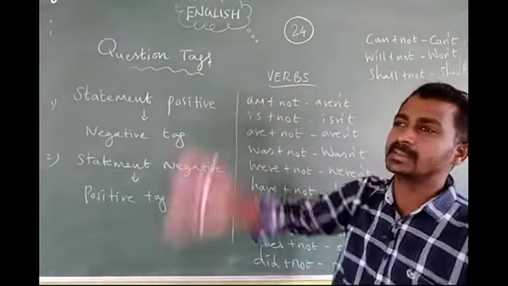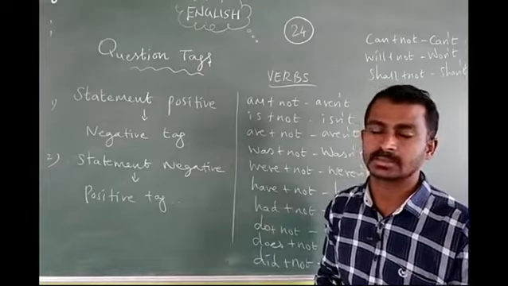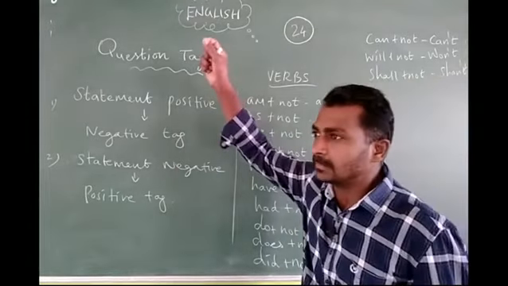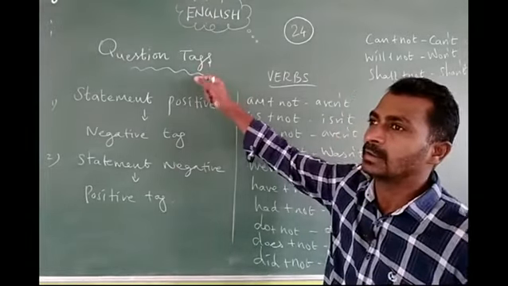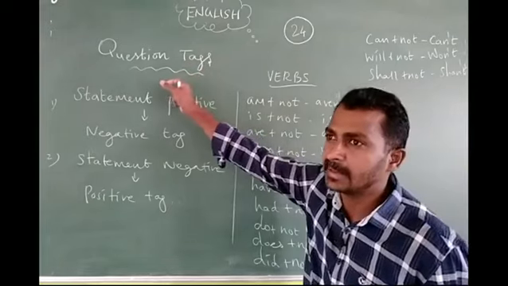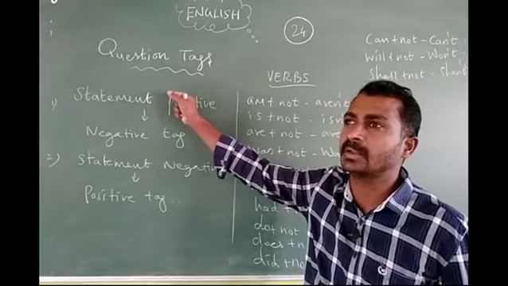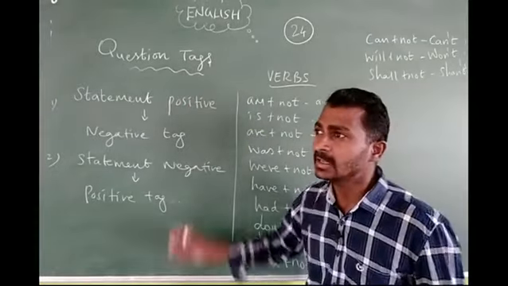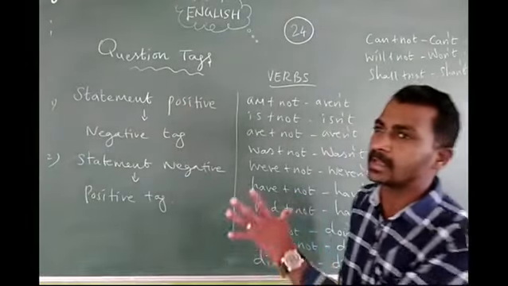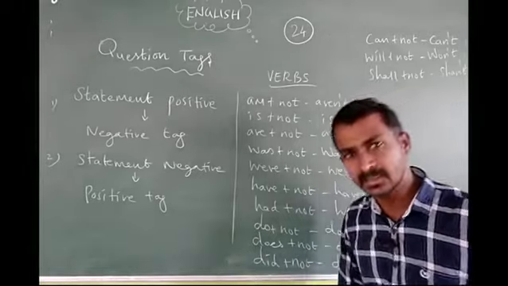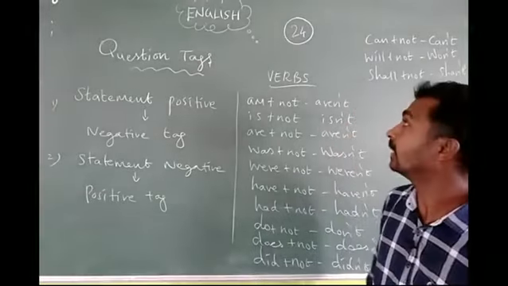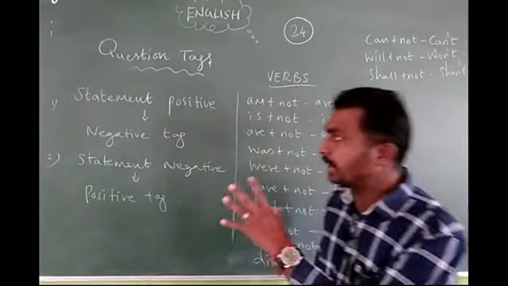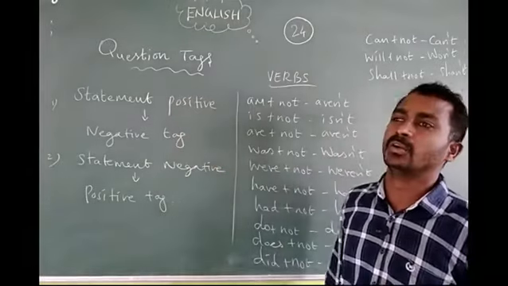So a question tag is nothing but a short question added at the end of the statement. We have to add a shortest question at the end of the statement. Here, some rules are to be followed.